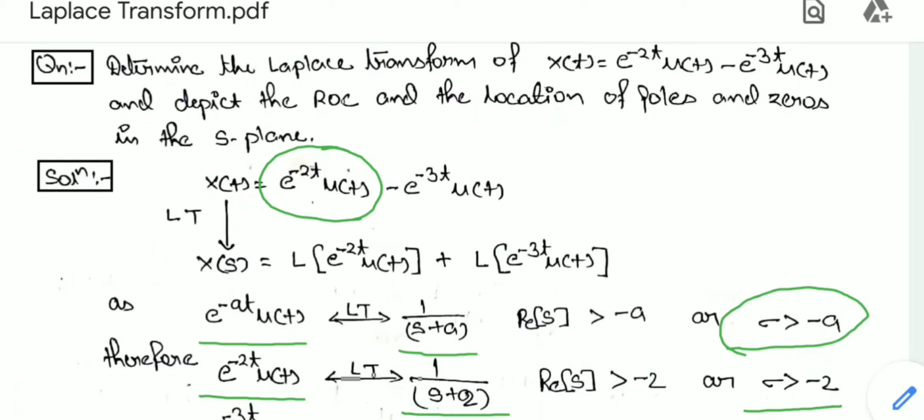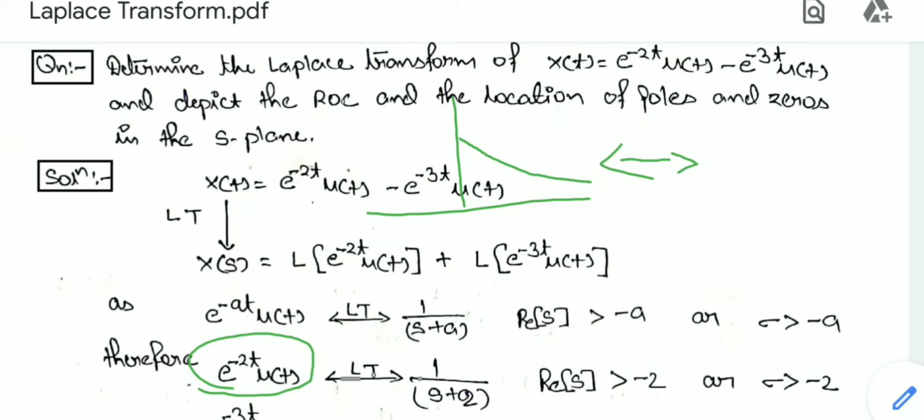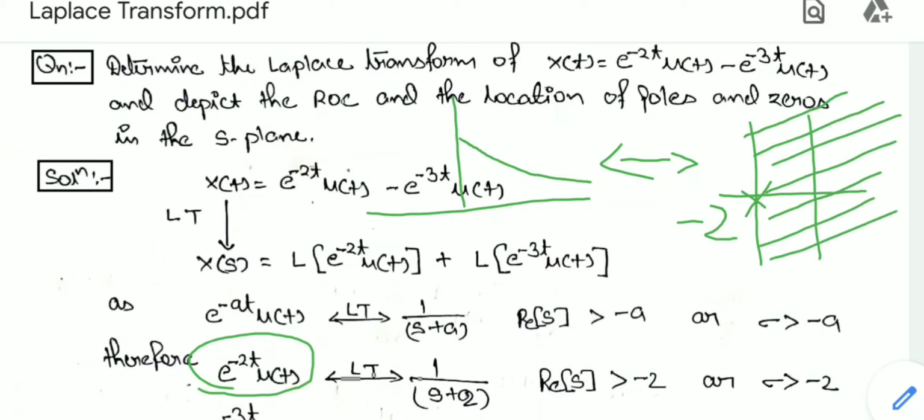The signal is a right-handed signal, and it will look like this. Therefore, its ROC is also right-sided. Let's suppose this is the pole at minus 2, and the ROC is right-sided.